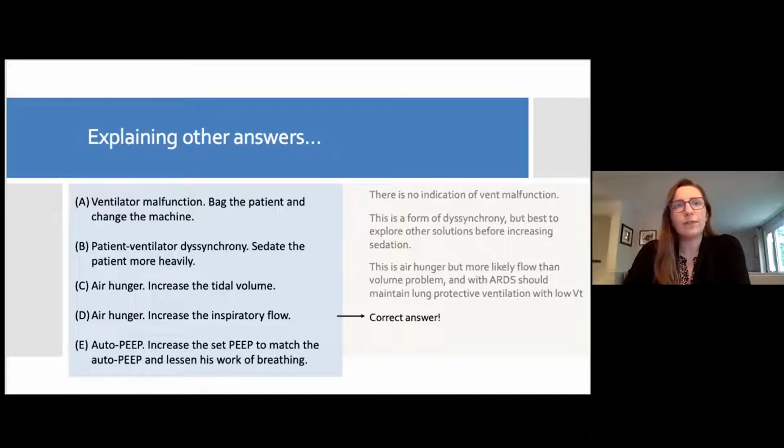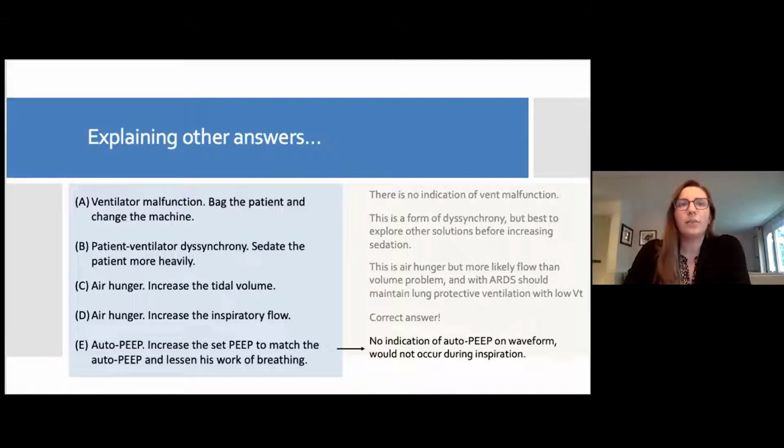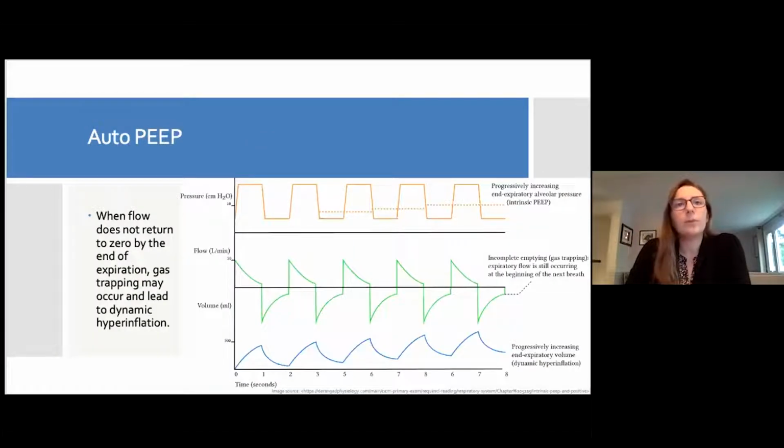D is correct. And then E, this one is about auto-PEEP. So there's no indication of auto-PEEP on the waveform that we were given. And additionally, auto-PEEP would be a process that we wouldn't see during inspiration, but rather during expiration. So I'll talk a little bit more about auto-PEEP here. Auto-PEEP occurs when the flow does not return to zero by the end of expiration.